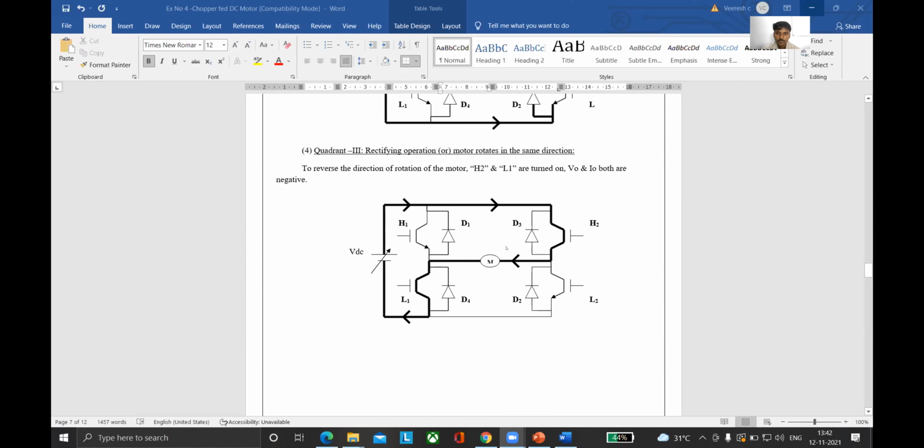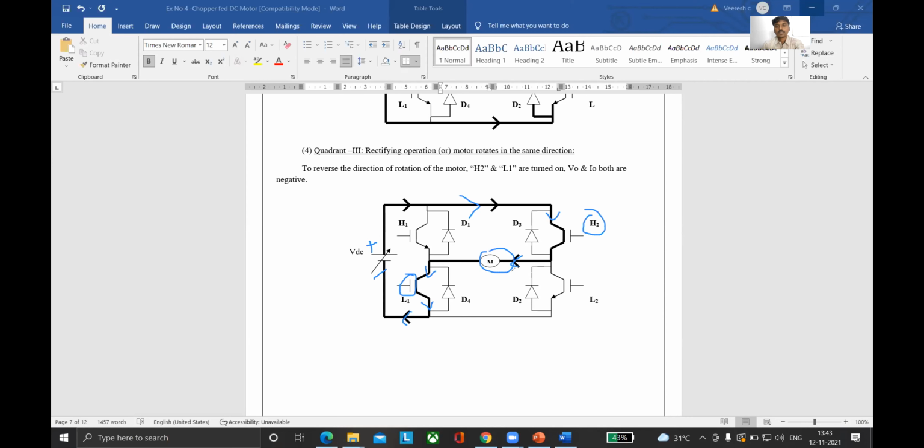Like the same way, in the third case, S2 and L1 are turned on. The current flows from the positive terminal of the supply through H2, the load, and L1 to the negative terminal of the supply.